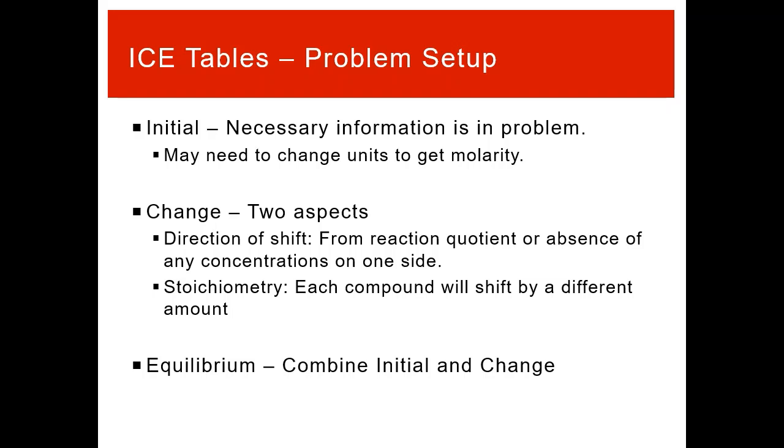Really what we're hoping for is an absence, if we can find one, because it's going to shift to that side. Otherwise, you can calculate Q, the reaction quotient, to figure out your direction of shift. The stoichiometry tells you what number goes in between the negative or positive of the x. And finally, equilibrium, you combine those two together, and that's the part that you set up to plug into your algebraic expression.